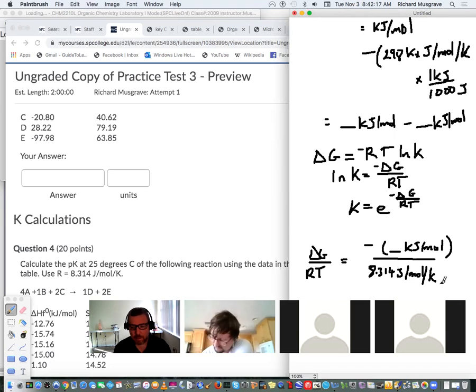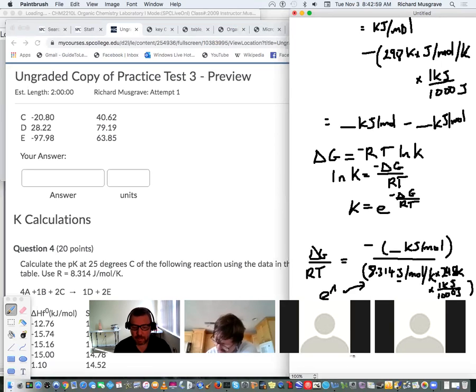And this is why it's so important to recognize the units here. And you'll see that it's times K, which is again going to be 298. But we've got joules here and kilojoules here. So I have to do a joule to kilojoule conversion, multiply by 1 kilojoule over 1,000 joules on the bottom there. And then I have to do e to the power of whatever I get there. And that will give me my K value.